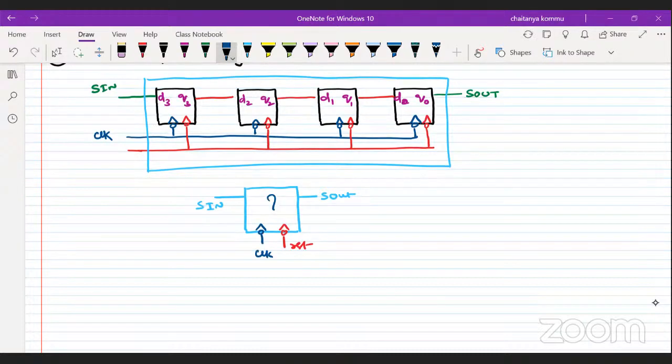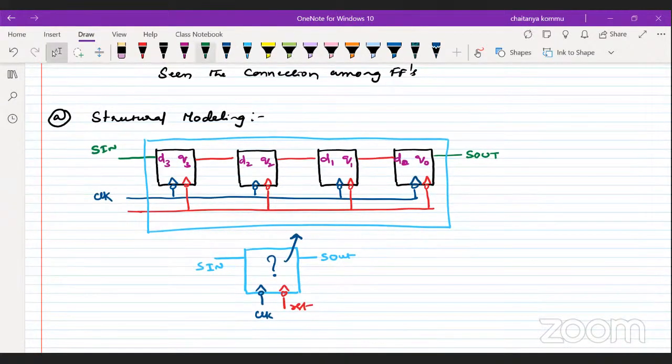What is inside of this one is decided by this diagram. Unless we say the size of the register, we don't know how many shifts it can perform. But actually our requirement is that we want to design a 4-bit shift register.